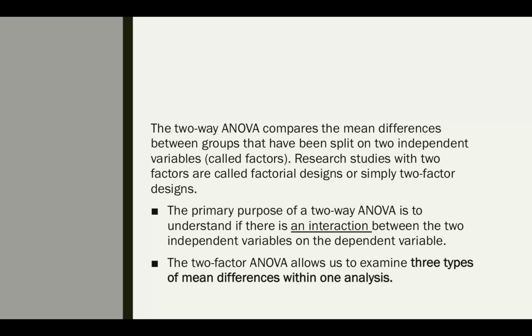But what's great about the two-factor ANOVA is it allows us to examine three types of mean differences in one analysis. So you might be asking yourself, what's the difference between a one-factor analysis of variance, or independent t-test, or doing three independent t-tests? Well, the answer is simply we have rolled three mean difference or treatment effect hypotheses into one.